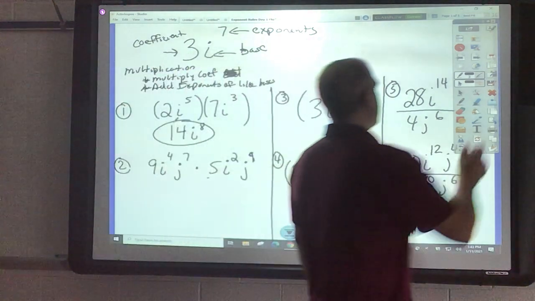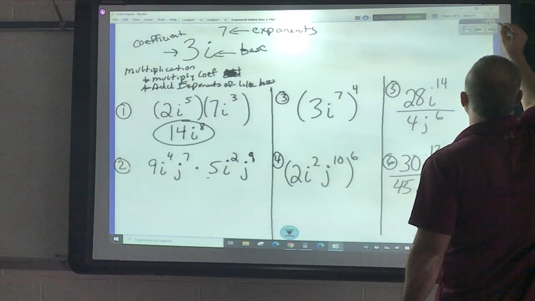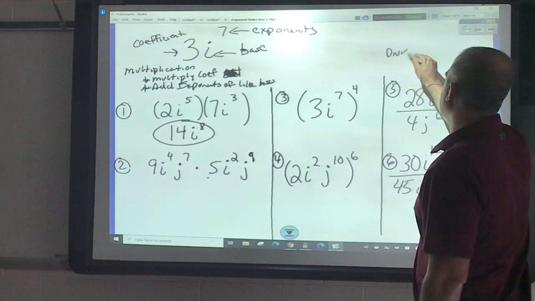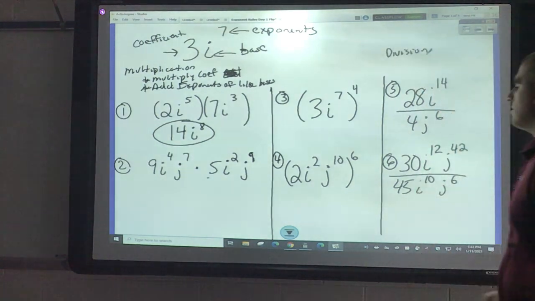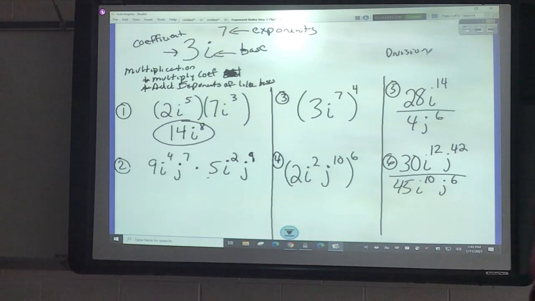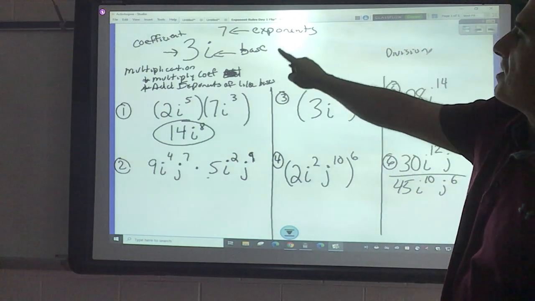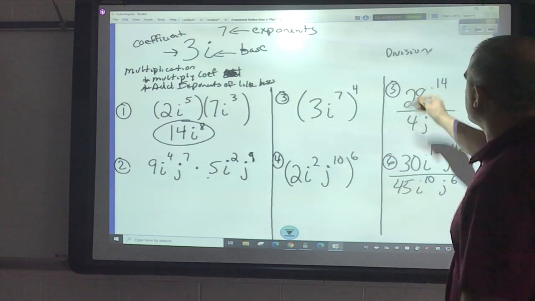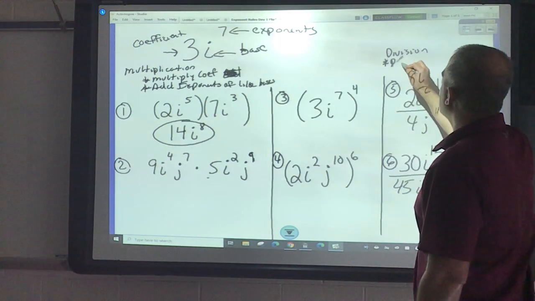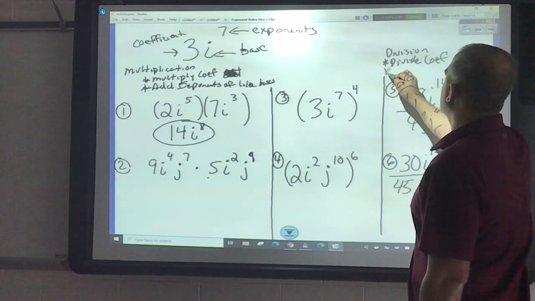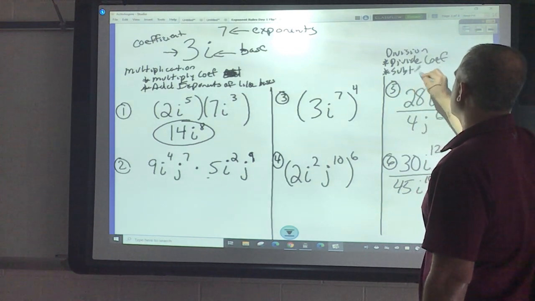Let me hop over here to this one right here. This is division. The reason why I want to jump over here is pretty simple: multiplication is the opposite of division. If we multiplied coefficients and added exponents, with division, you divide coefficients and subtract exponents.